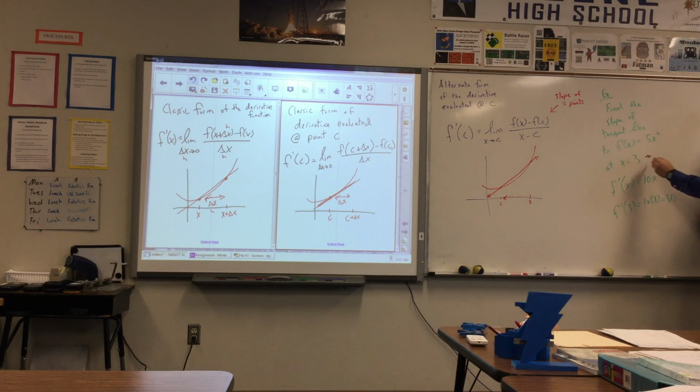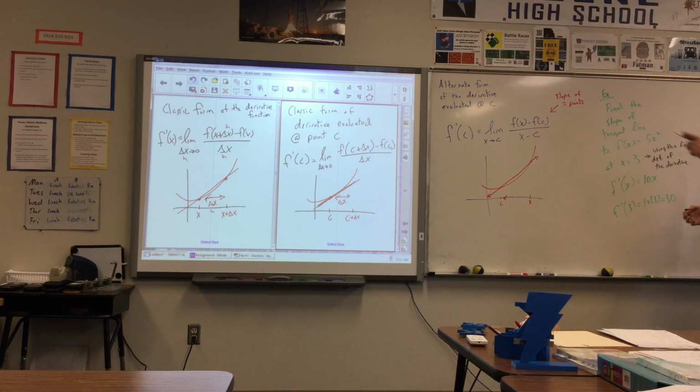What if I added this set of instructions in the middle? Using the definition, or using the limit definition of the derivative. What in the world? Okay. Well, I can't just say f prime of x equals this.